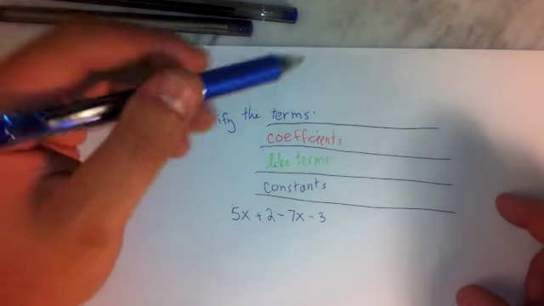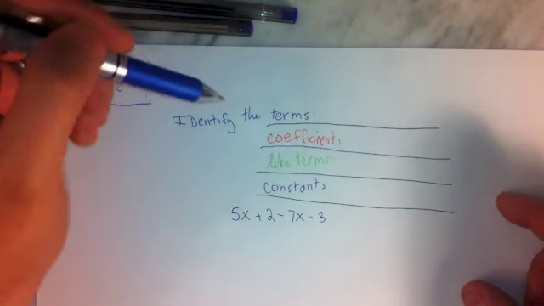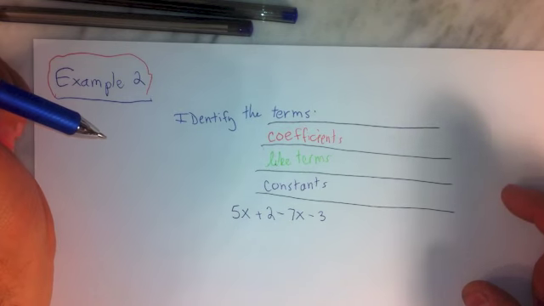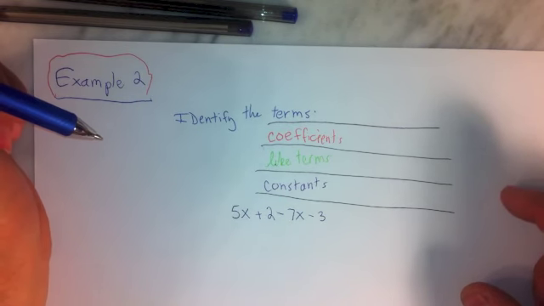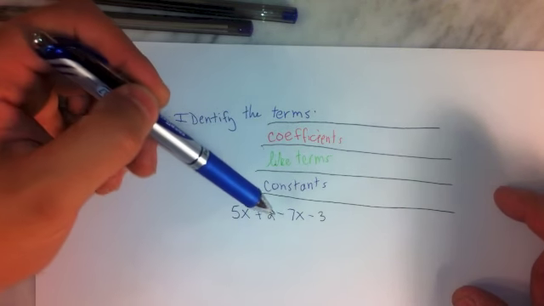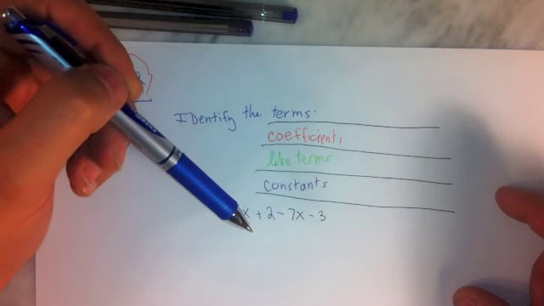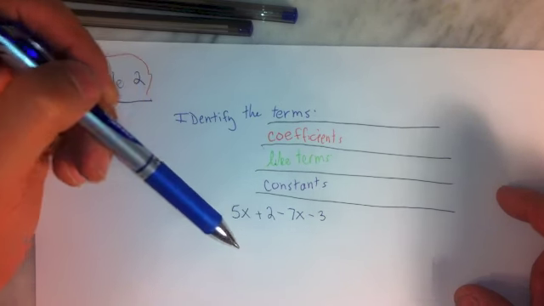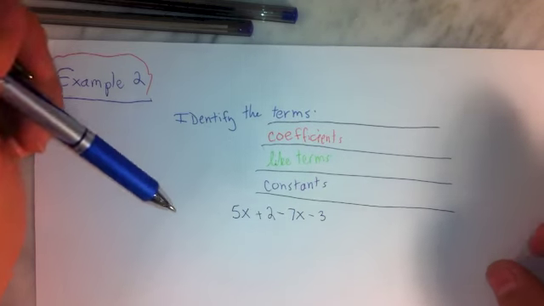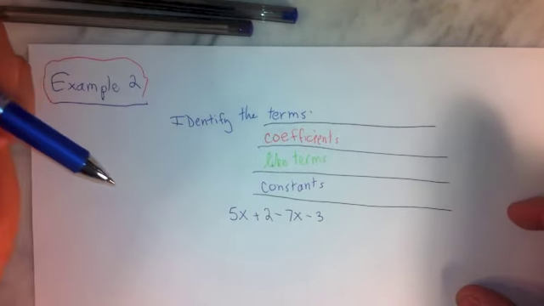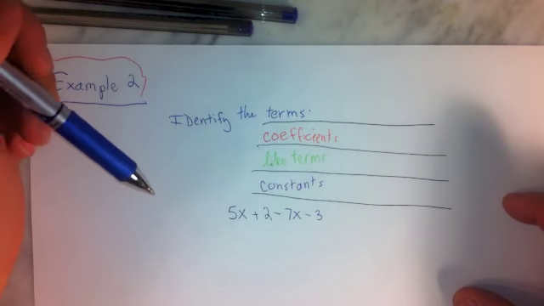Okay, so we've had enough time to think about it for a second, and here we go. So our terms. Our terms, what we said, are the parts that are added together in an expression. Now we have to remember, negative signs or subtraction signs basically mean that we're adding a negative. It goes way back to the second week of school. So really we're adding a negative here. So yes, these are all being added together.